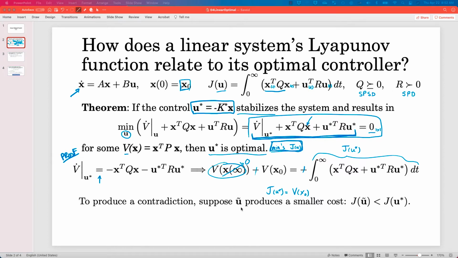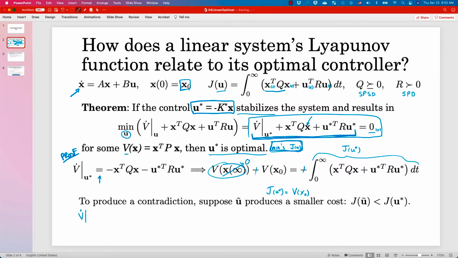So let's take this new control law utility and plop it into this scalar valued function. So we're going to look at v dot evaluated at u tilde plus x transpose qx plus u tilde transpose ru tilde. However, we know from the theorem statement that this quantity is no smaller than what happens when we plug in u star, because of this minimum statement.